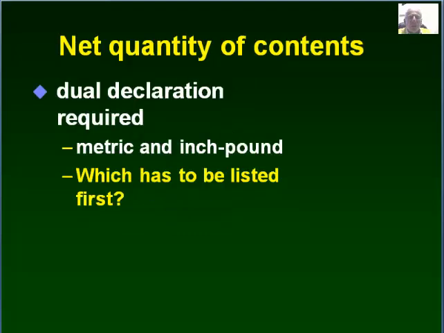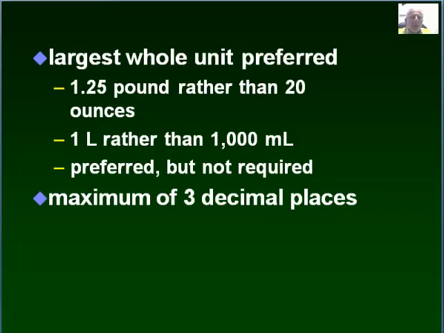The dual declaration is required, metric and inch-pound, and again, one of the questions in this week's assignment is which has to be listed first, metric or inch-pound, or does it make any difference? The largest whole unit is preferred. If the package happens to weigh 20 ounces, it would be 1.25 pounds rather than 20 ounces.